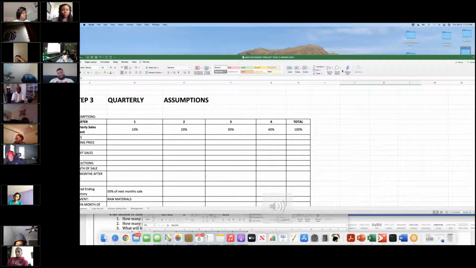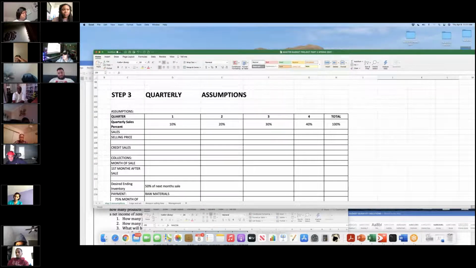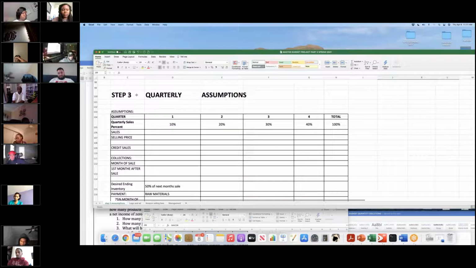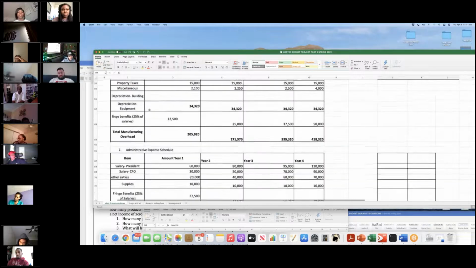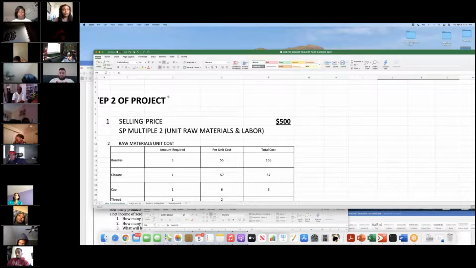Okay, so in Blackboard is a template similar to this, which you'll be utilizing for step 2 of the project, and we'll get a little bit into step 3. But on step 2 of the project, you'll be determining a selling price. And that selling price is going to be a multiple of only raw materials and labor.